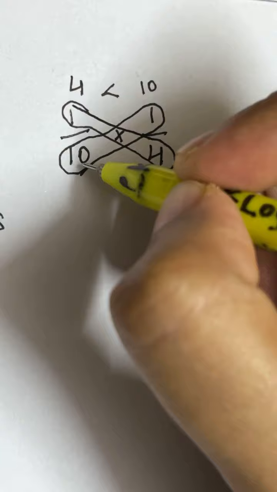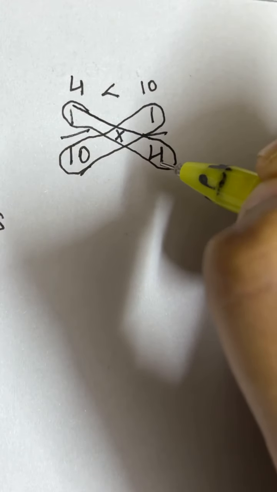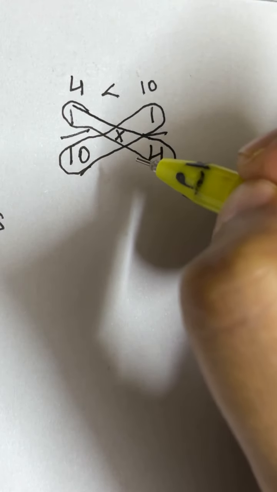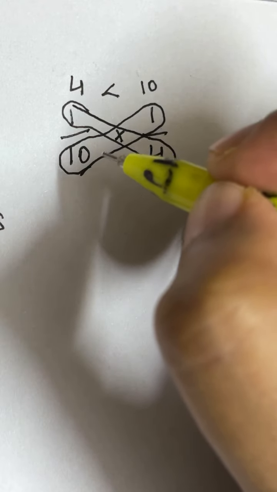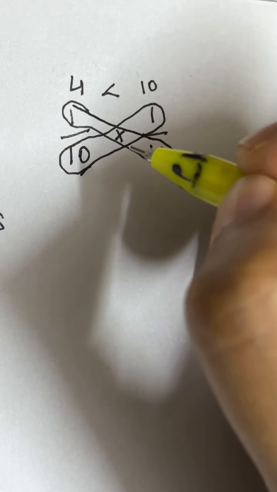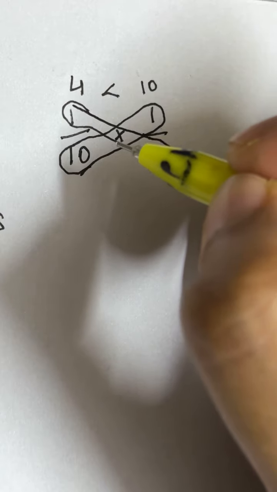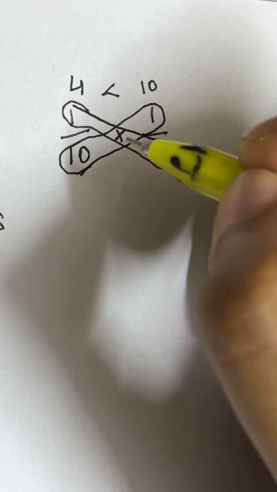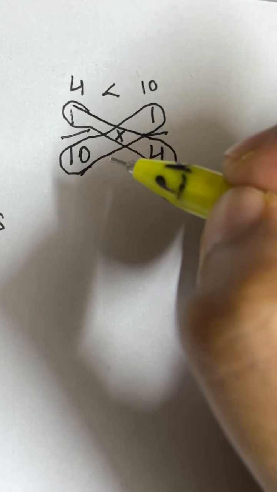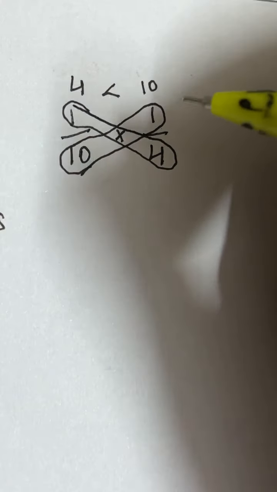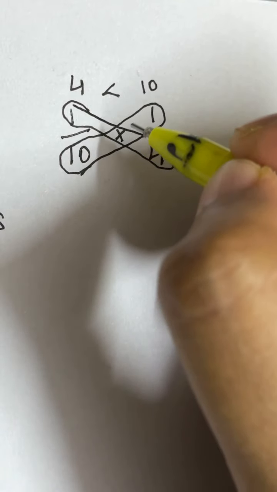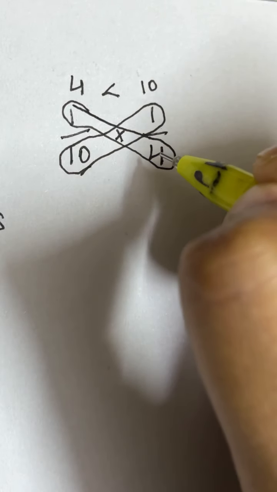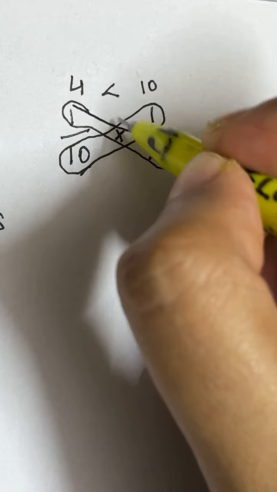That means 1/10 is less than 1/4. This method applies for each and every fraction, whether you have same denominators, same numerators, different denominators or different numerators. So this is how you say that 1/10 is lesser than 1/4.